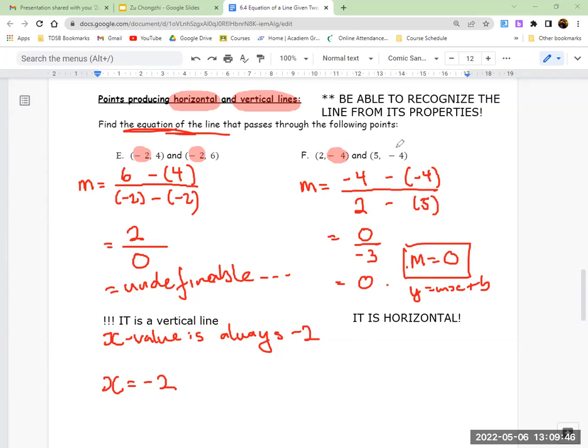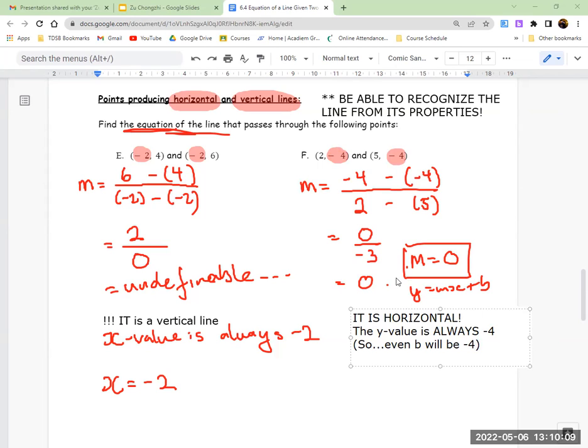Look at the points given and recognize that the y value always stays the same. You can say the y value is always -4. So even b will be -4. The y-intercept will always be -4.